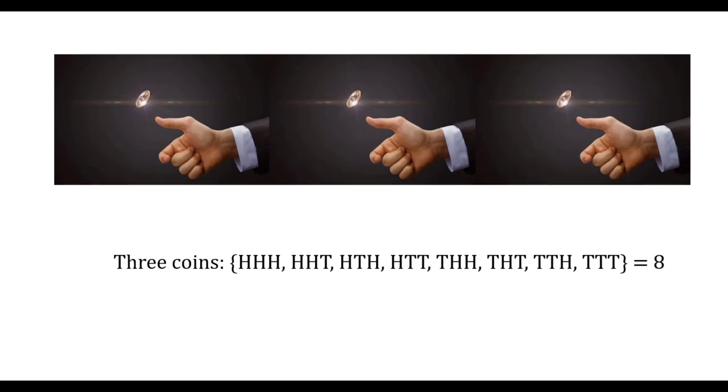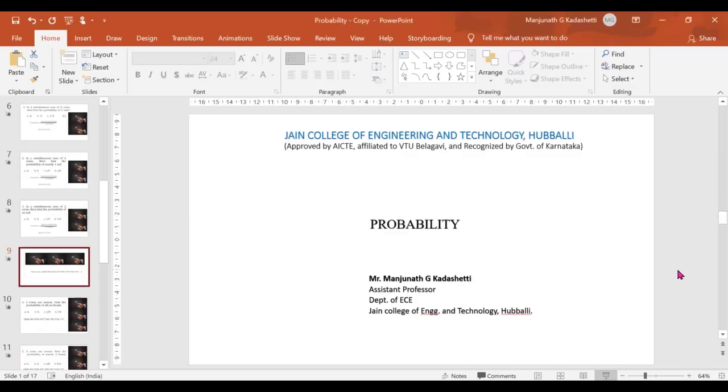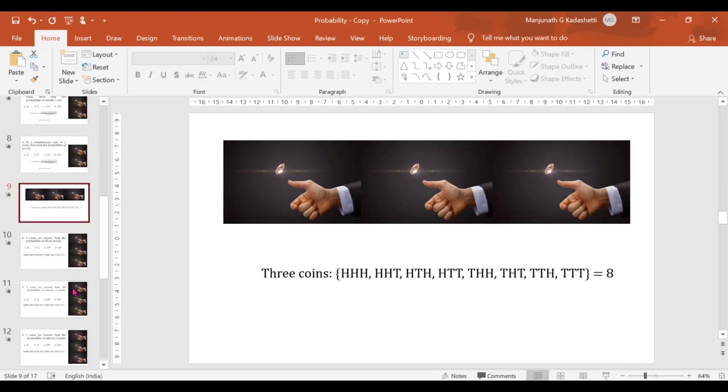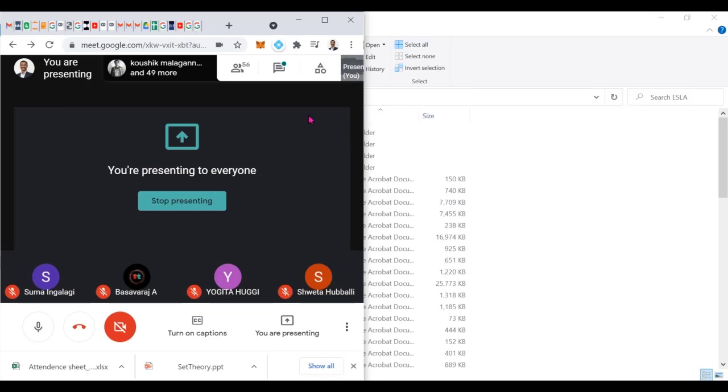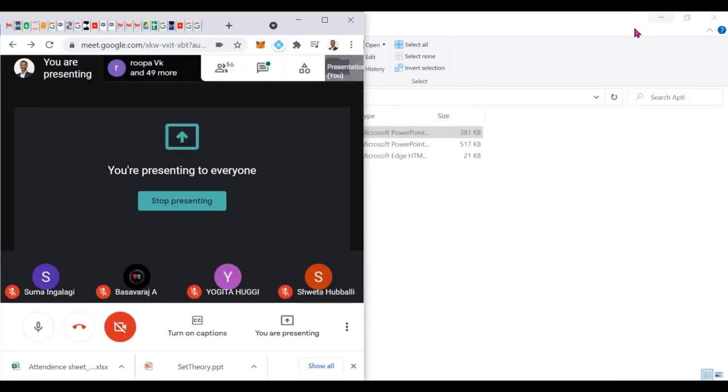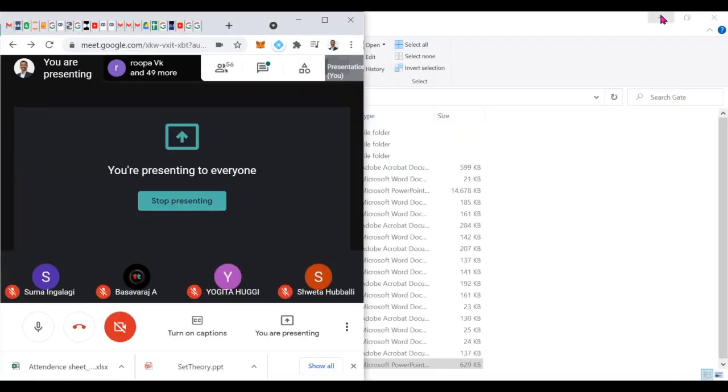When three coins are tossed, the sample space has 8 outcomes. Keep these points in your mind. In the next class onwards, we'll start with a single random variable.